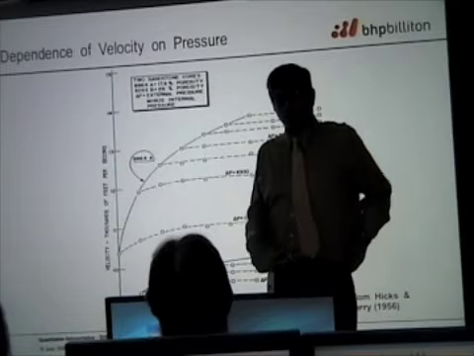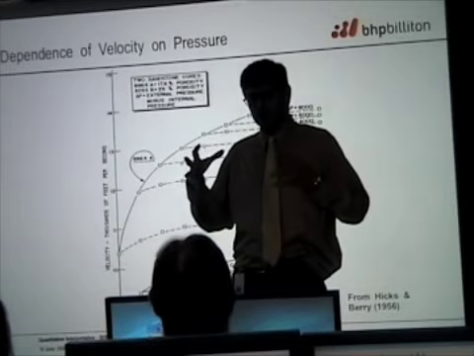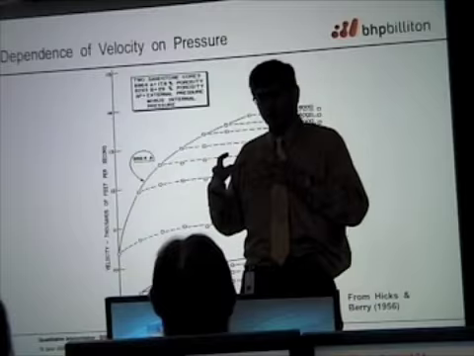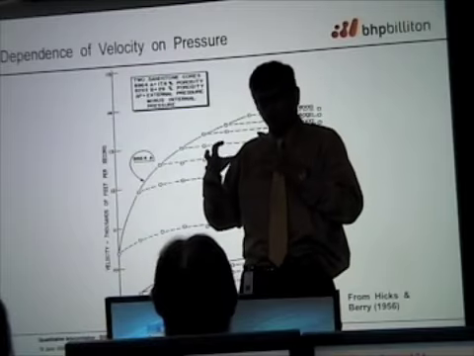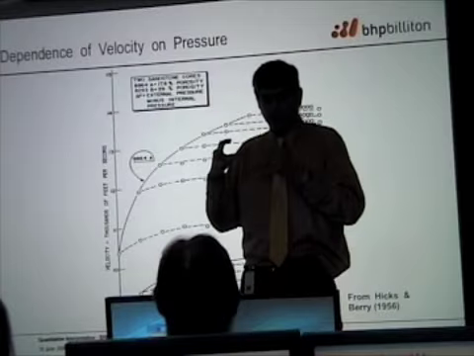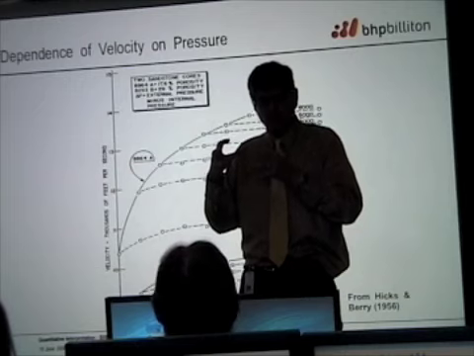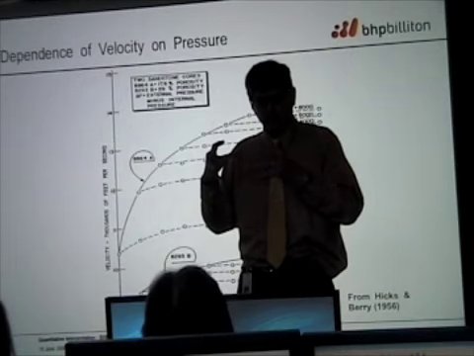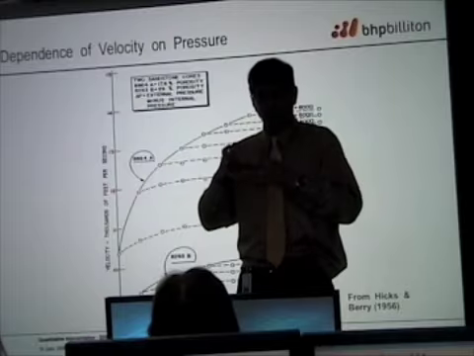And all we're saying is that the amount you effectively squeeze the rock, if the pore pressure equals the confining pressure, we're not squeezing that matrix at all. But if the pore pressure is less than the confining pressure, we are squeezing it.